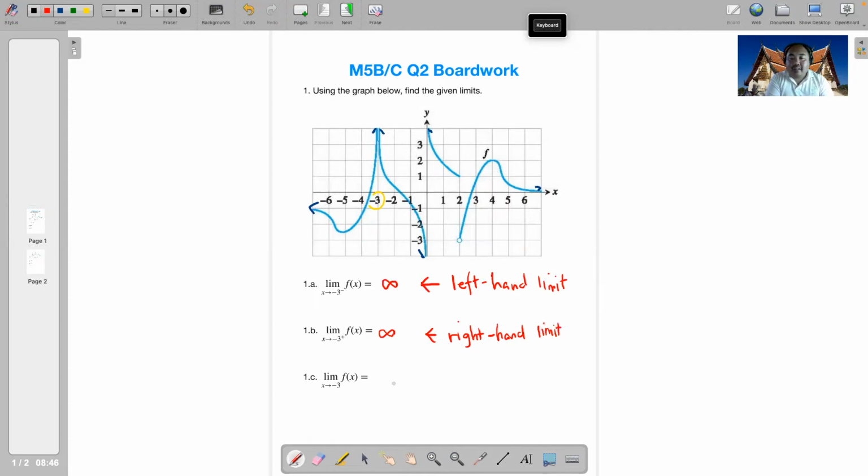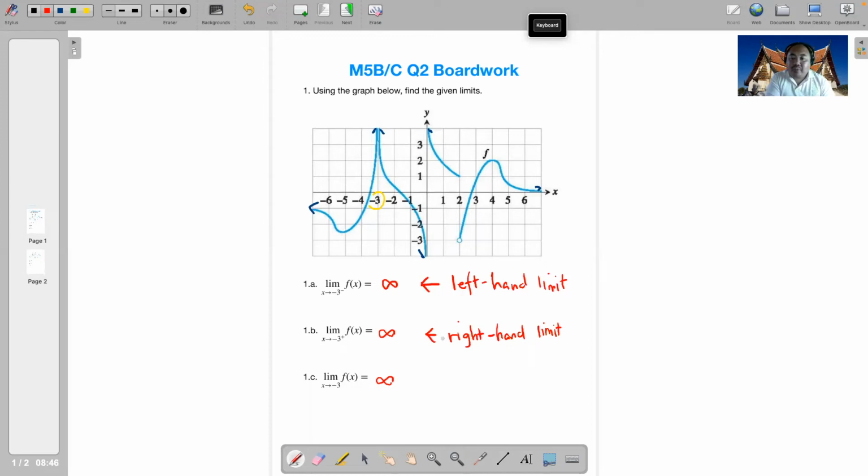Because they are in agreement, I can safely say that the limit of this function as x approaches -3 is positive infinity. The reason? Because the left-hand and the right-hand limits are in agreement. We cannot say they're equal because again, they're not numbers.